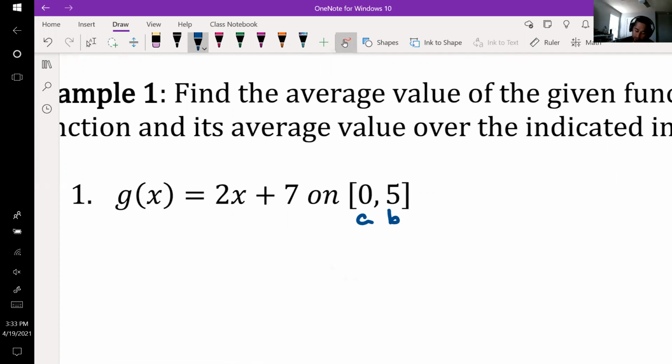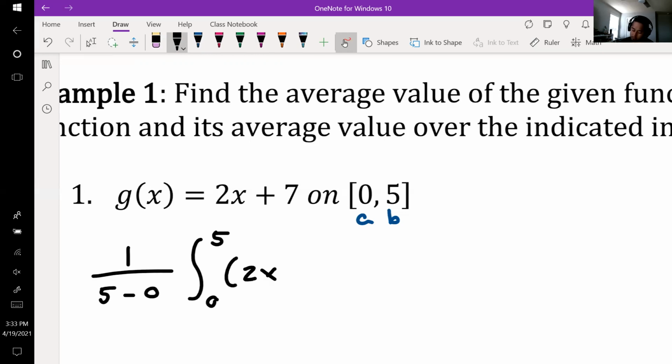By the formula, we are going to get 1 over b minus a, 5 minus 0, times the integral from 0 to 5 of the function 2x plus 7 dx. So that's how we set up to find the average value.